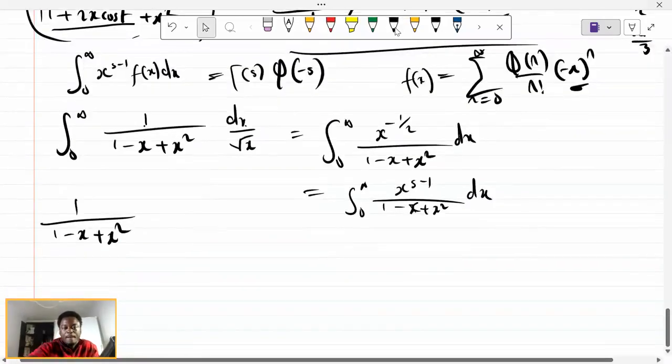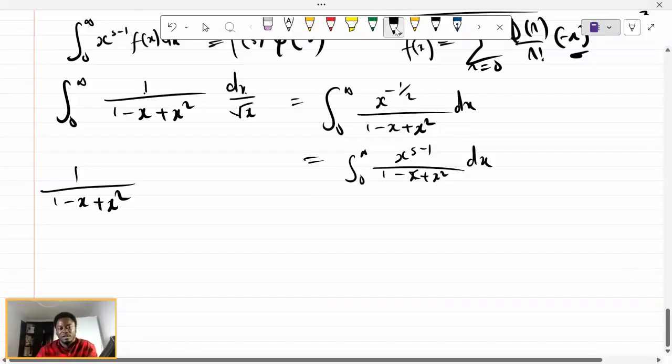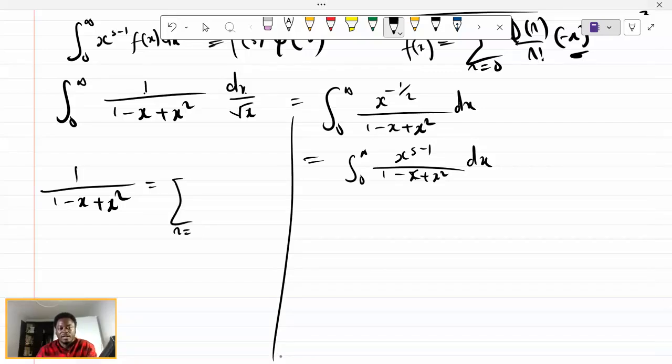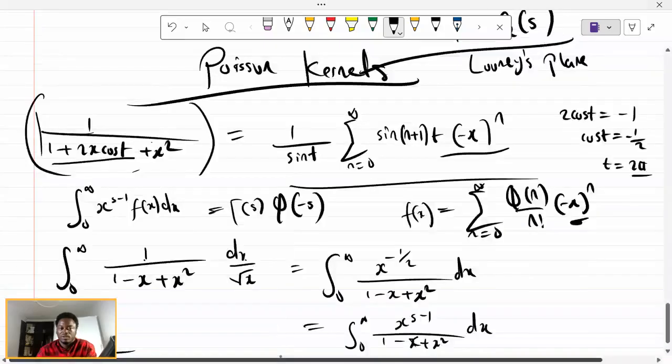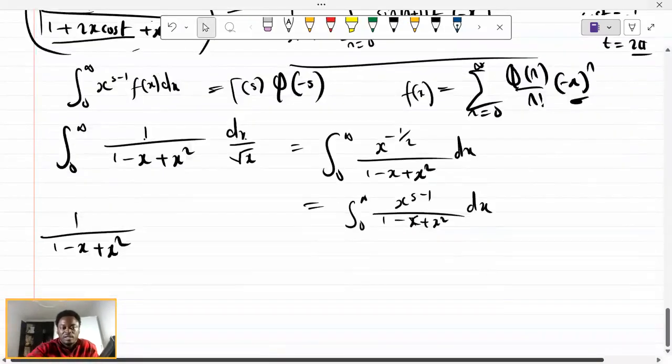So basically here, if we recognize this, this expansion would be equal to the sum as n runs from 0. Sine 2 pi over 3 is square root of 3 over 2. Okay, so we can use it.